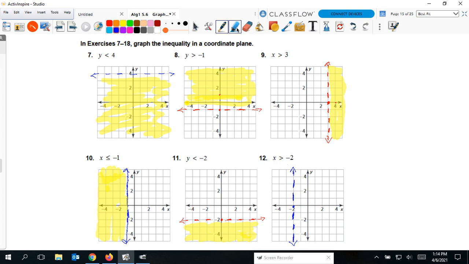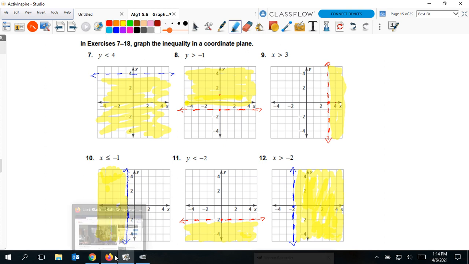So it's over here on this side, everything on this side. And we just got to shade the window that we see here. Obviously, it just keeps on going this way. It keeps on going up and down, so that's why it's infinite. It's an infinite amount of solutions anytime you do inequalities. All right, let's come on to the next part here.